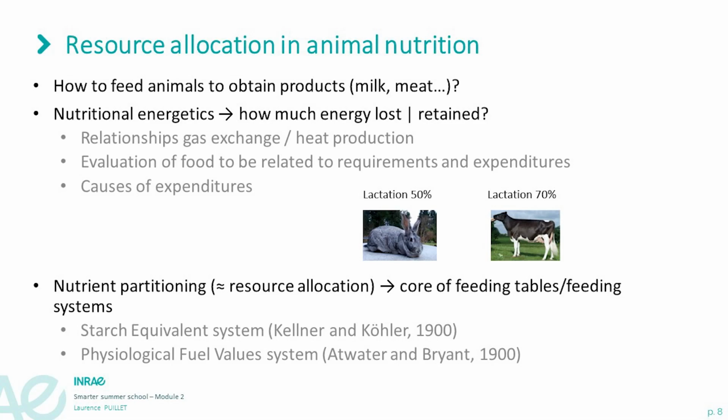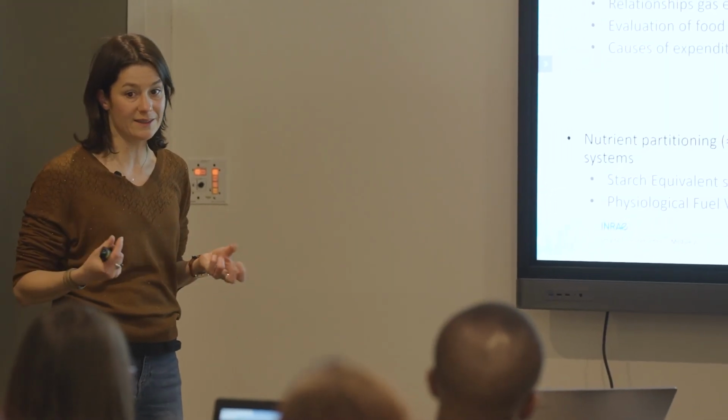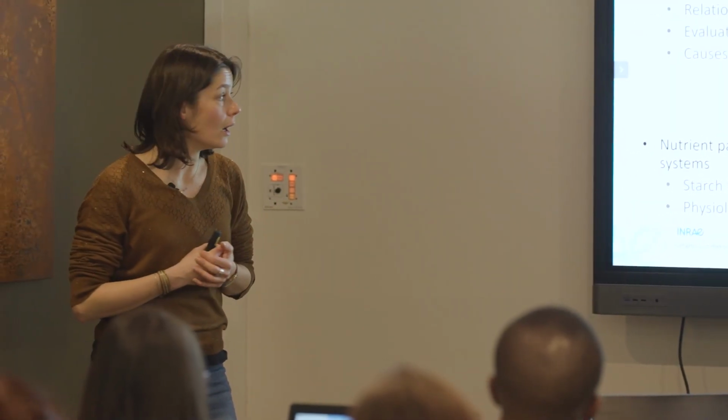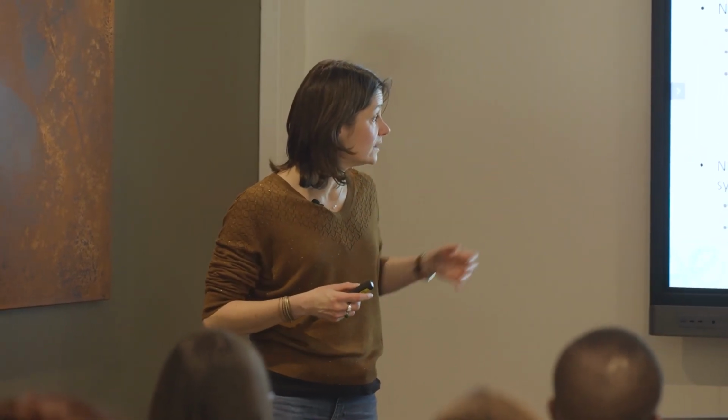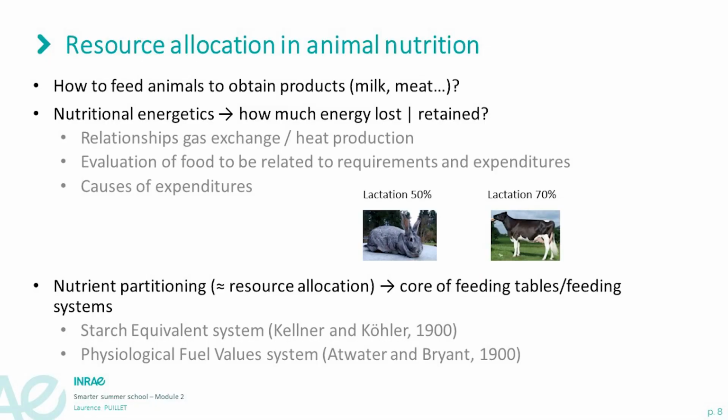Just an illustration, if you look at a female rabbit doe, she will spend half of the energy intake into lactation, while it's much more, 70%, for a dairy cow. So in nutrition, it's important to understand these big sinks of energy, so these causes of expenditure.